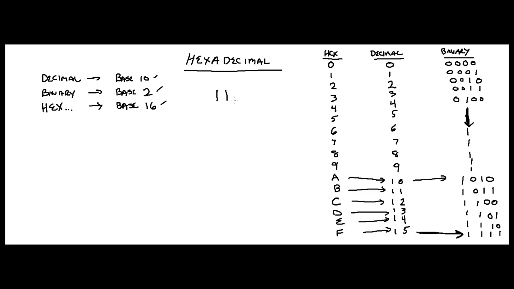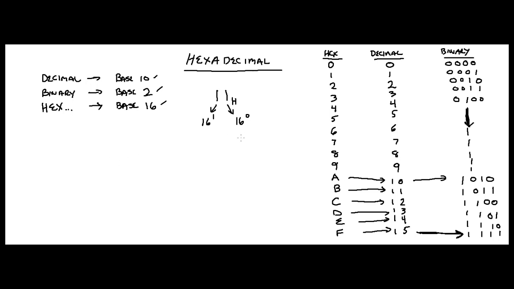One base 16, or I could write this down as 1 hex, couldn't I? This digit right here is equal to 16 to the 0, and this digit right here is equal to 16 to the 1, isn't it?